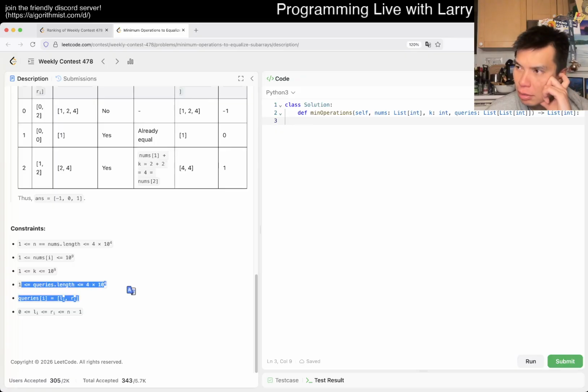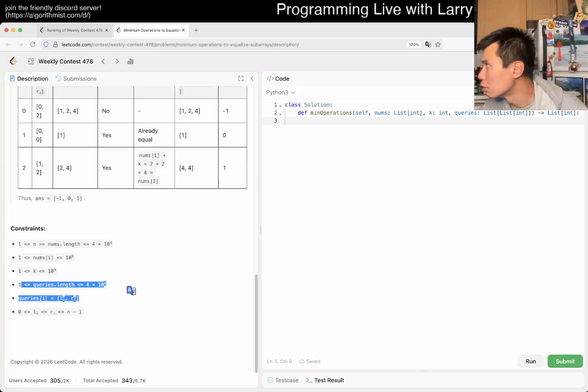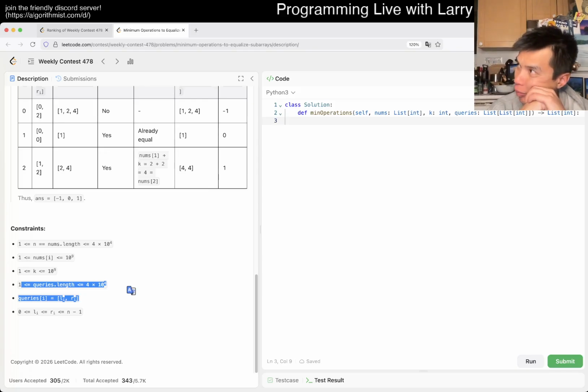Can we pre-process these? Can I do some sort of sliding window?